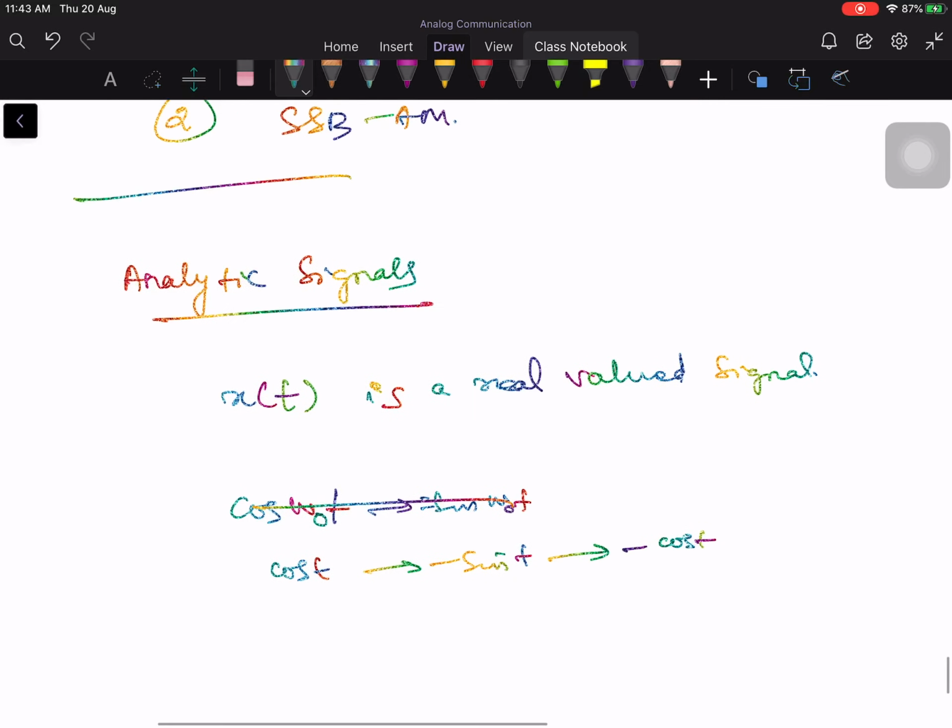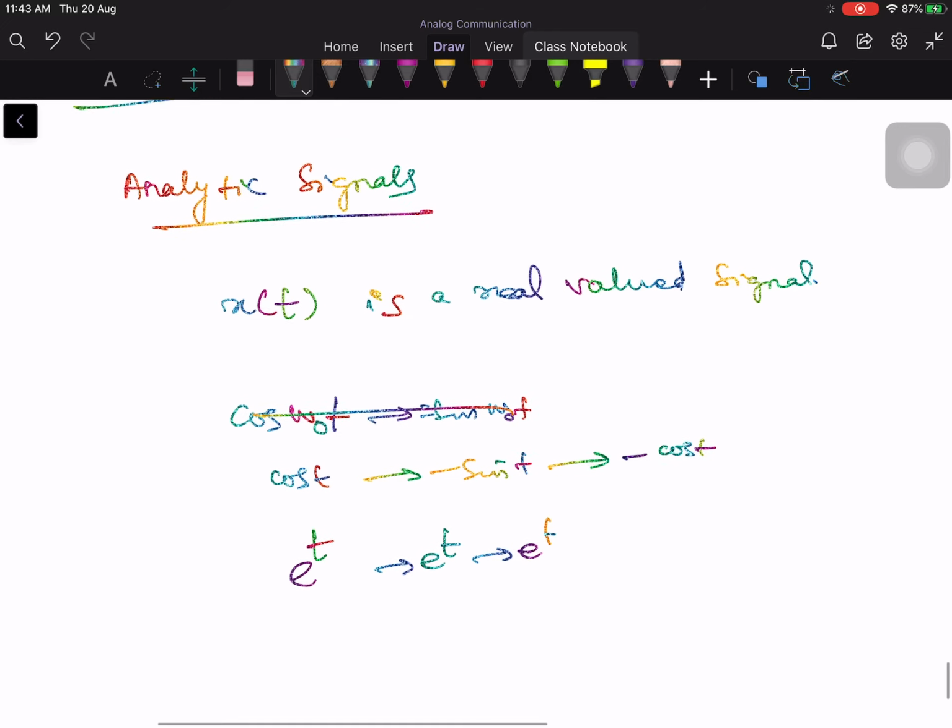But the moment you take e to the power t, it becomes e to the power t again and again. Whether you integrate or differentiate, nothing changes. So e power jt is an analytic expression of cos omega t.